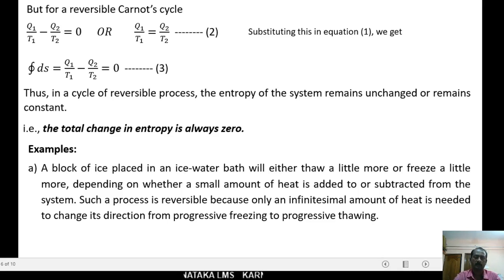Such a process is reversible because only an infinitesimal amount of heat is needed to change its direction from progressive freezing to progressive thawing.